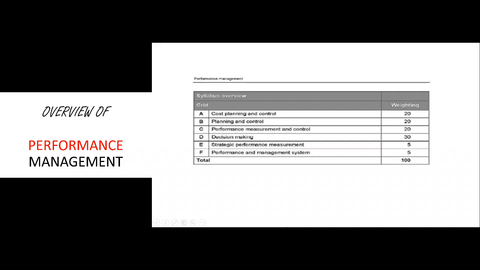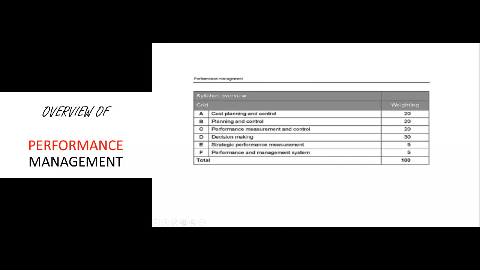Every leader should be able to make a good judgment, and decision making is critical in the life of every leader. So decision making carries 30% in the performance management syllabus.